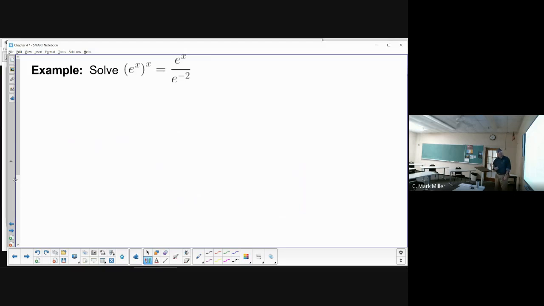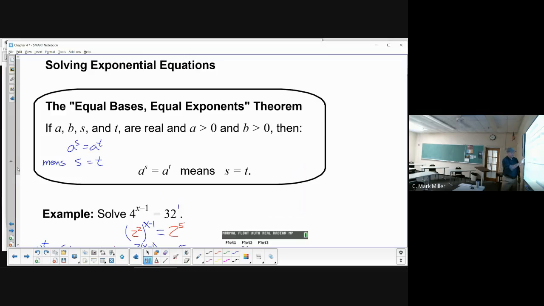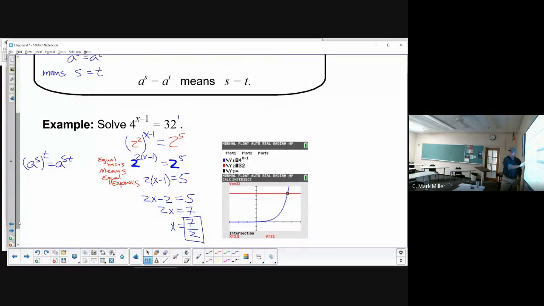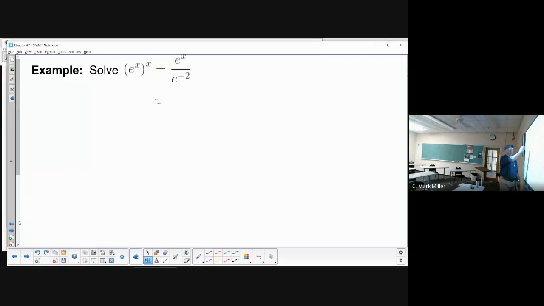Well, the good news is you kind of got the same base everywhere, e. That's good news. All right, well, what is the left side? Go back to this property right here, in fact. e to the x, all squared, is e to the x squared.